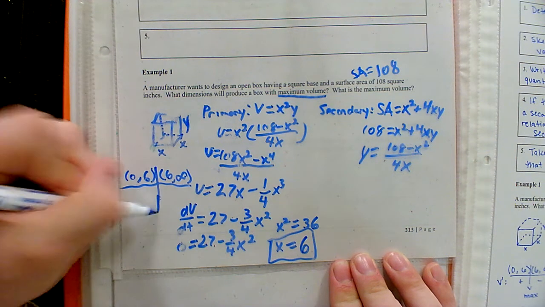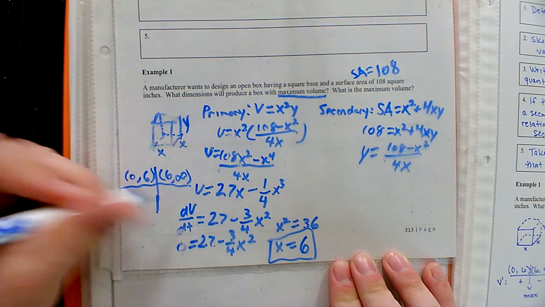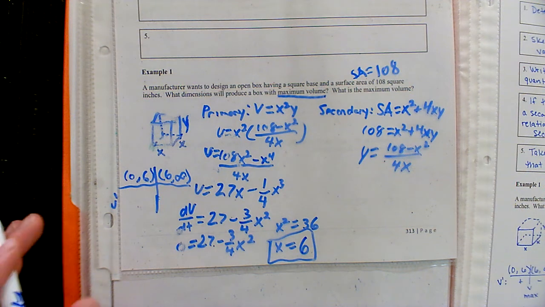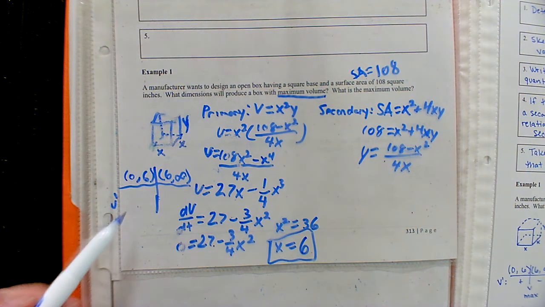And we're checking our derivative here, v prime. Is it positive or negative within those intervals? We're checking to make sure this is a maximum. So check whether it's positive or negative within the intervals.